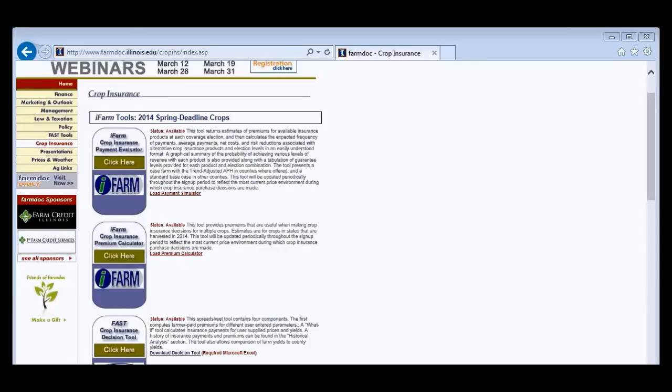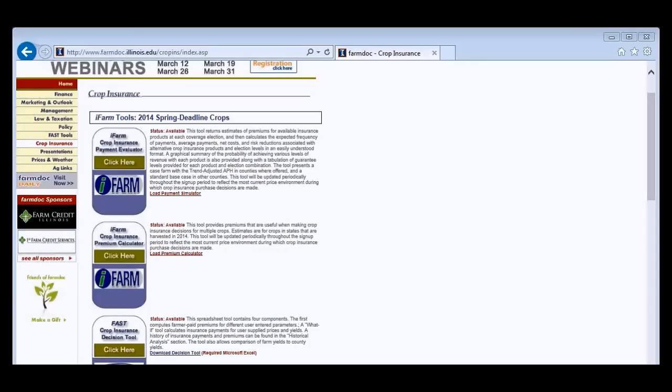Those farmers that will not find it advantageous are those that have very low APH yields and have used a lot of plugged yields in getting their APH yield. In that case, trend adjustment does not help and in fact may hurt. So if you're in a situation with a lot of plugged yields and low yields, then you might not use the trend adjustment. In the rest of the cases, it is a good alternative.